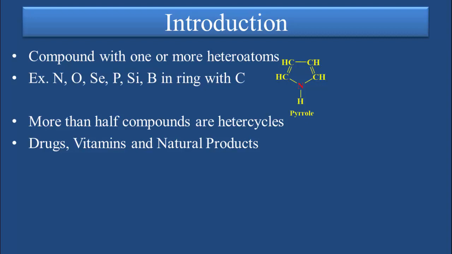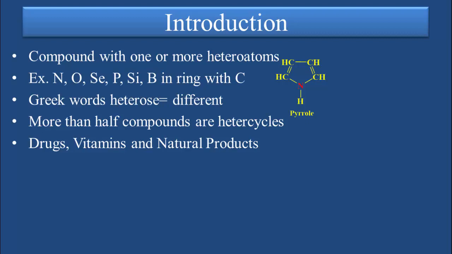The heteroatoms present in heterocyclic compounds are nitrogen, oxygen, selenium, phosphorus, silicon, boron in the ring along with the carbon. These atoms are known as heteroatoms because these are present other than the carbon in the cyclic ring. The word heterocyclic is derived from the Greek word heteros, meaning different.